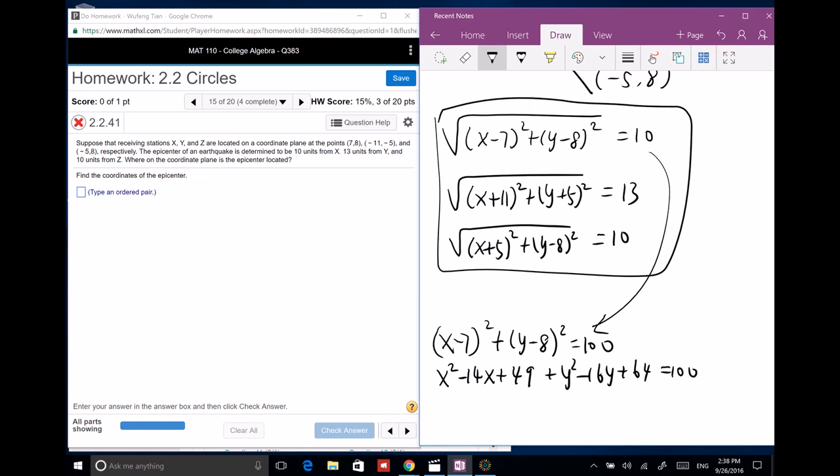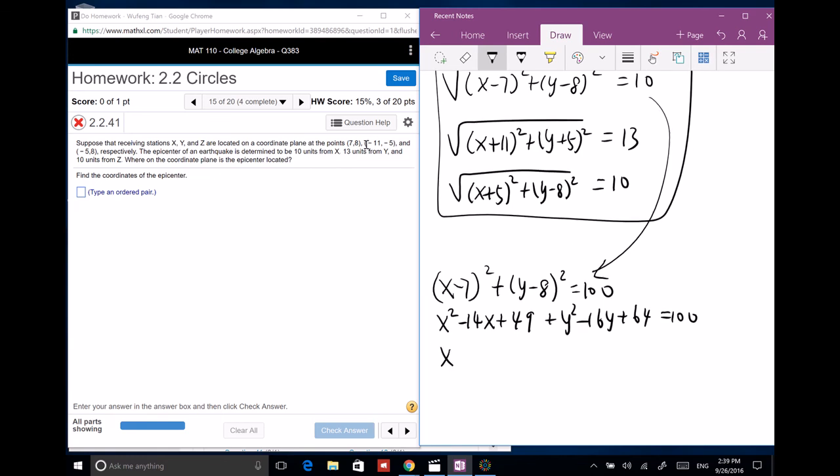So you get x squared plus y squared minus 14x minus 16y equals 100 minus 113, which is negative 13. That's the first distance formula. Let's call this equation 1.